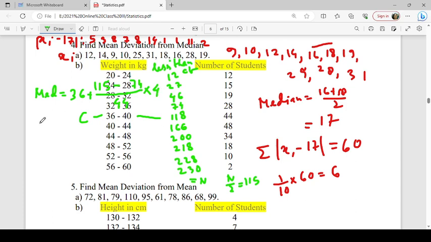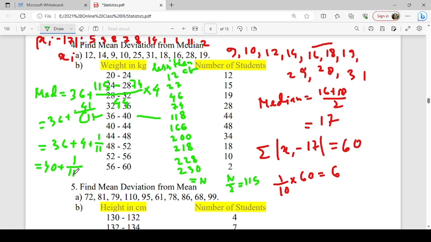Now simplify this one, so it is equal to 36 plus, it is 115 minus 74, it is 41, then 4, this cancels, 11 is there, so it is 36 plus 41 by 11, it is 4 plus 1 by 11, so it is 40 plus 1 by 11.